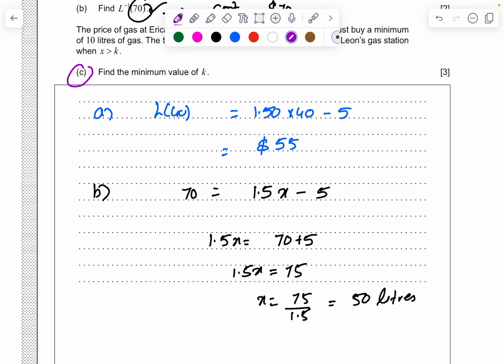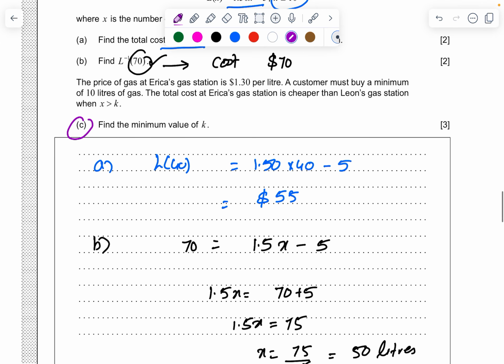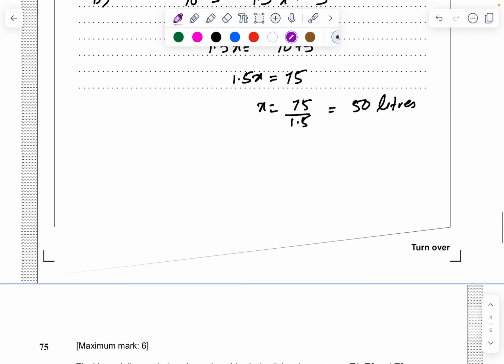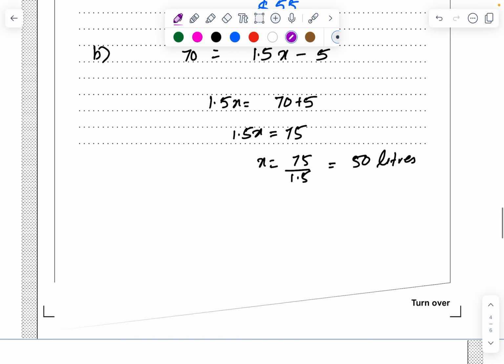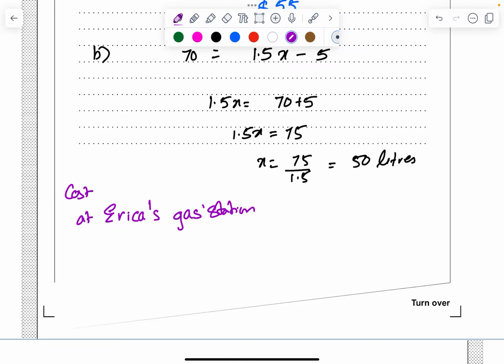Then part C. The price at Erica's gas station is 1.3 per liter. A customer must buy a minimum of 10 liters of gas. The total cost at Erica's gas station is cheaper than Leon's. So the cost at Erica's gas station should be less than the cost at Leon's gas station.